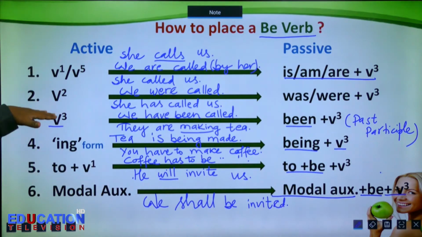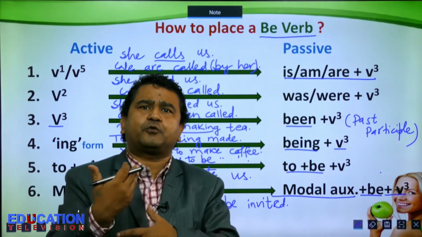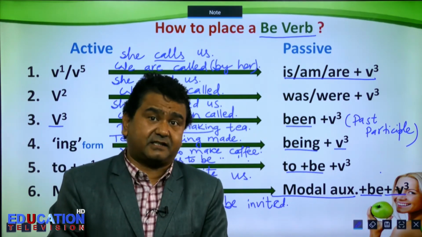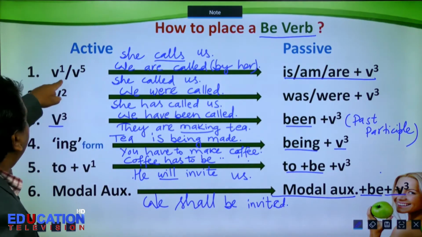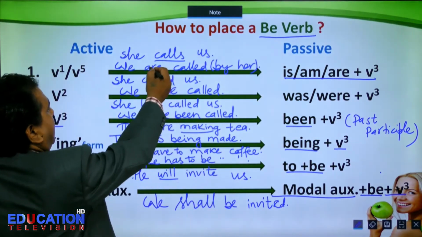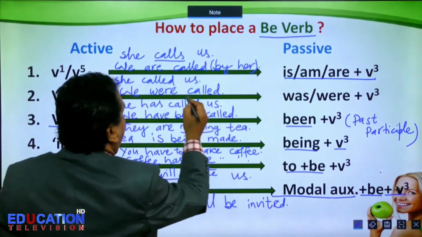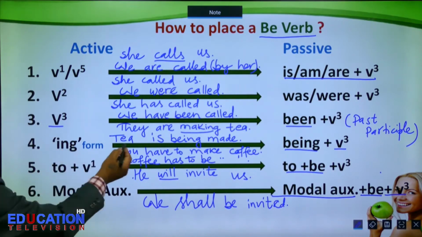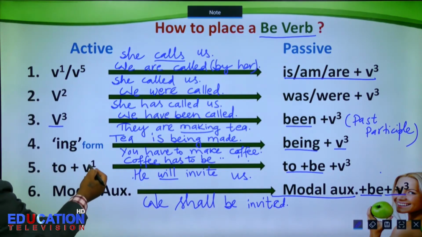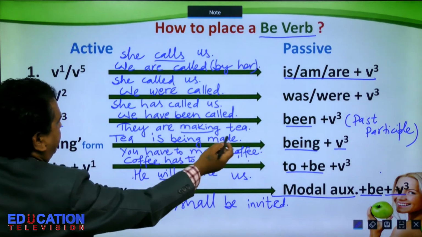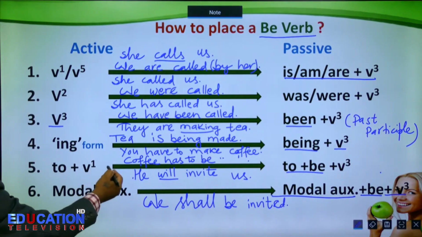So once you remember these structural patterns, it comes out to be easier to convert the sentences into the passive form. Let me repeat. V1 or V5 is am, is, are plus V3. You know, V2 was, were plus V3. V3, have, has, had been plus V3. ING form, being plus V3, being made. To plus V1, to infinitive.